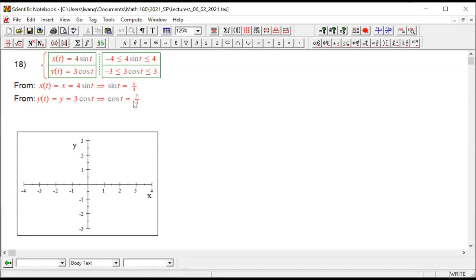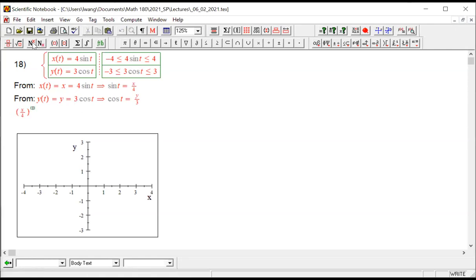And then sine squared plus cosine squared: x over 4 squared plus y over 3 squared. You see that algebraic operation? It's the same as sine squared t plus cosine squared t, and that equals 1.